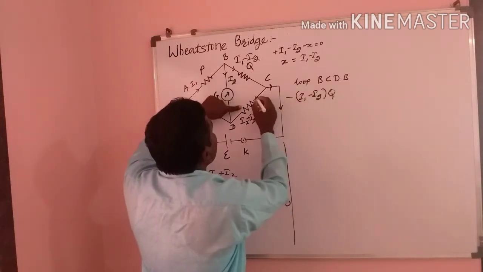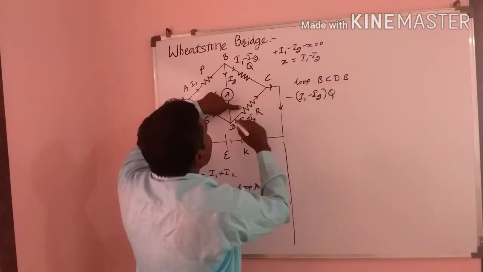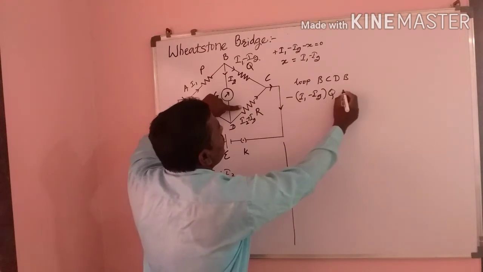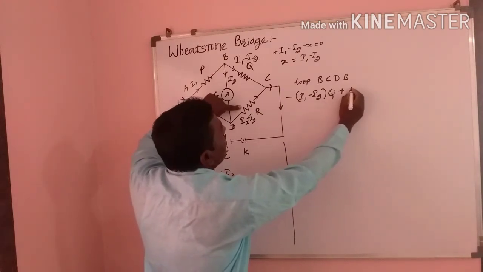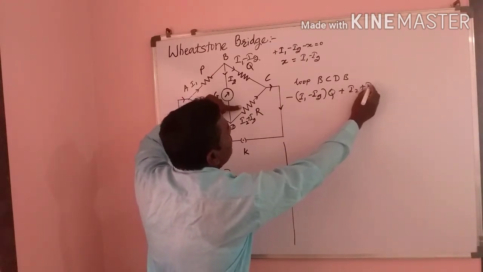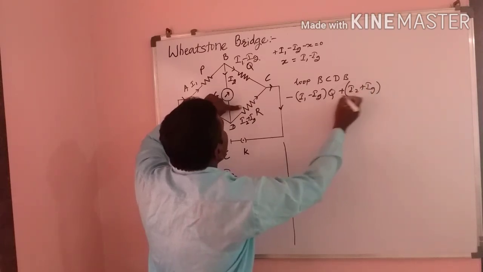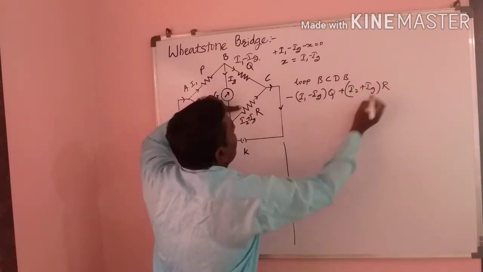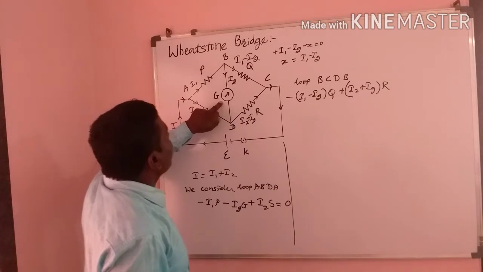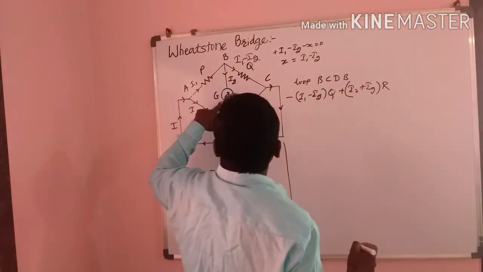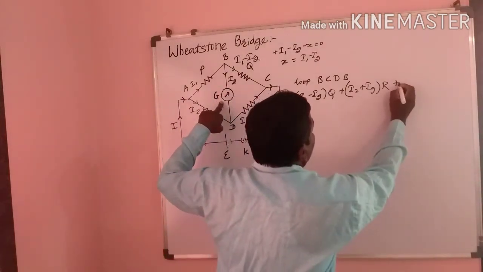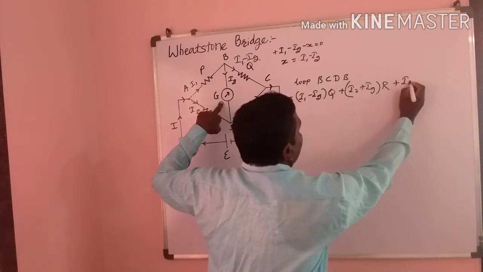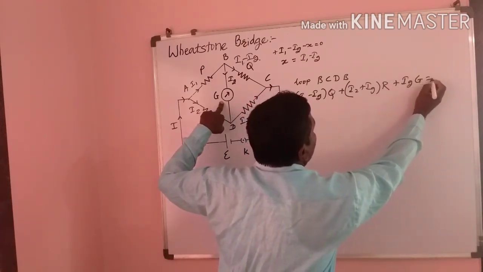Again, this is the direction opposite to that, so there is a plus sign: I2 plus Ig in brackets into resistance R. And again this is the opposite direction, so there is also a plus sign: Ig into G is equal to 0.